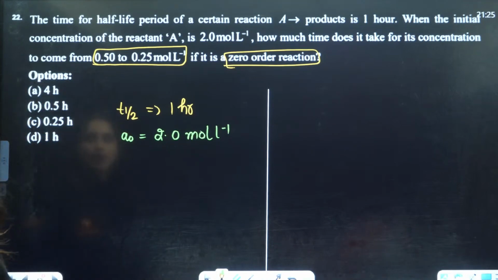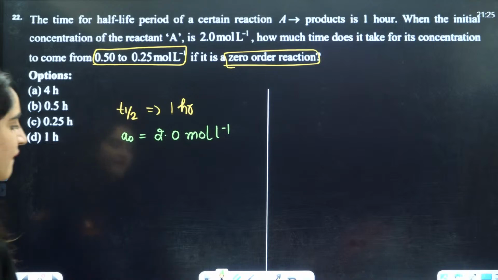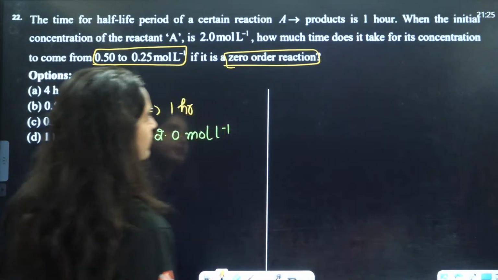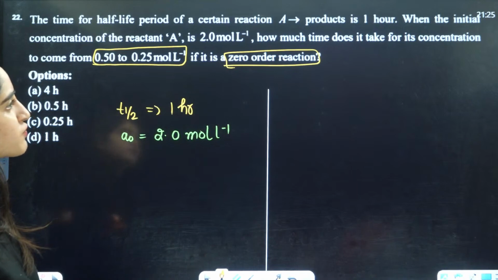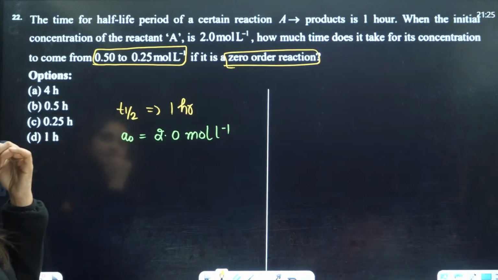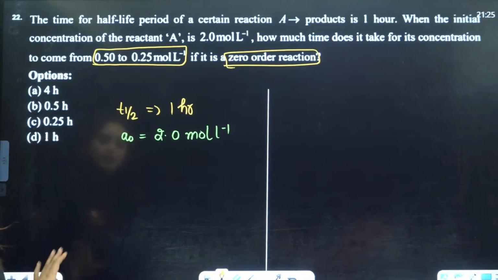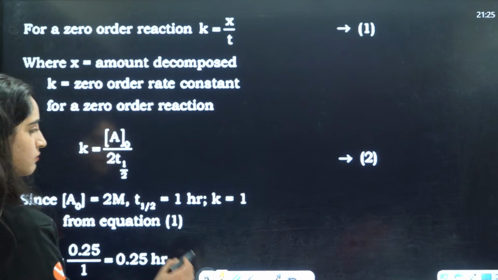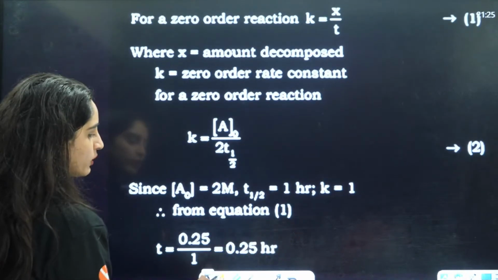After half-life, I can just draw a chart here. Either you can solve it with the help of a chart or with the help of the reaction statement also. Okay, let's do this with the help of the formula only.